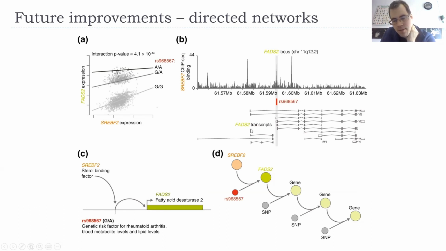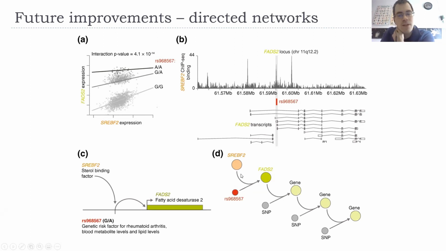So if we were to make a network, we can make a directed network by integrating this expression and genetic data. In this case, we have this genetic variant, we have the expression of SREBF2 and FADS2. And instead of just plainly looking at co-expression linking these two genes together, we can actually draw an arrow between the two different genes.